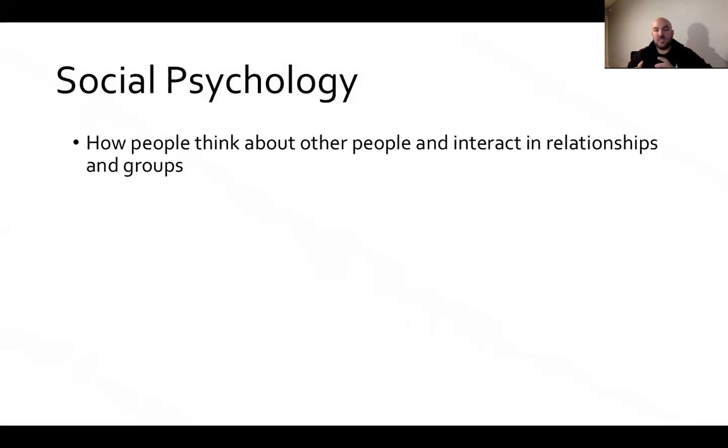The other part of it is social influence. So everything from persuasion to conformity to compliance and obedience, things like that. And the last part is social relationships. So everything from helping or why people fail to help other people in times of need, to liking and loving and attraction and intimacy and belonging, all the wonderful things that draw people together and cause them to fall in love.